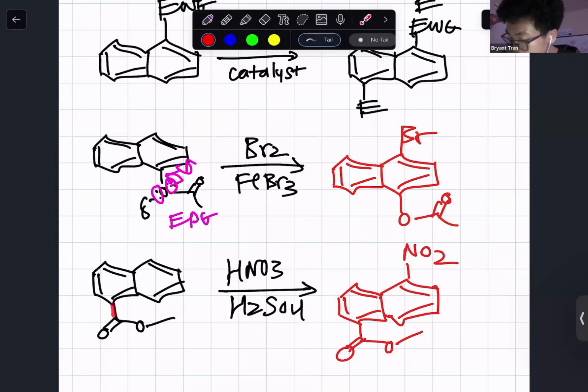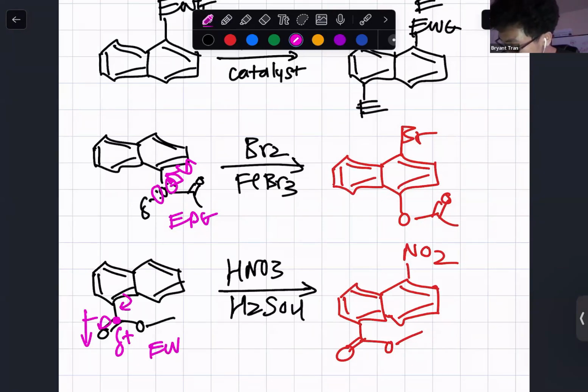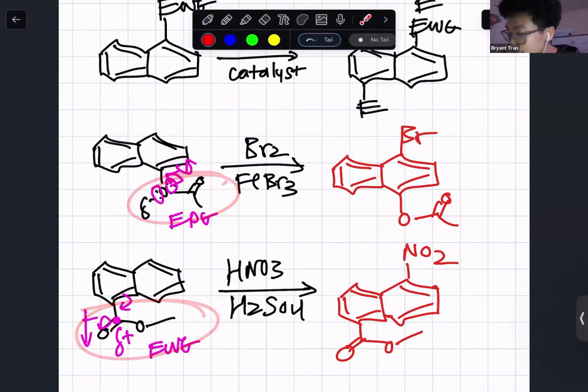Whereas the very first atom coming off of the system here is this partial positive carbon, which is going to withdraw electrons directly, making that an EWG. So that's how we tell the difference between this ester and this ester. Look at the very first atom coming off of the system. If it's an oxygen with a pair of electrons, EDG. If it's a carbonyl carbon, EWG.